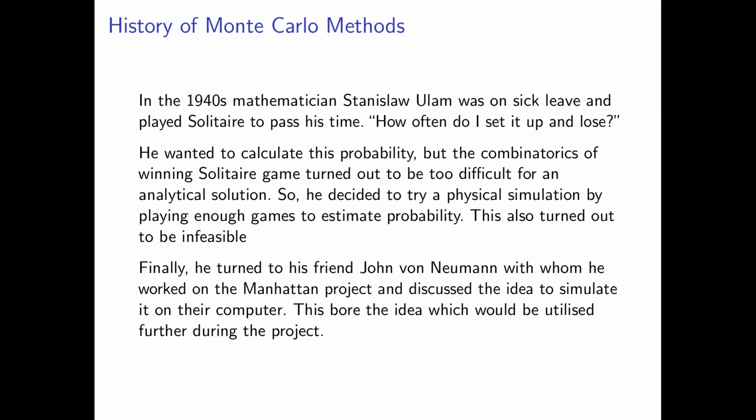And both of them worked together on the Manhattan Project, and they discussed this idea how to simulate the solitaire probabilities on the most expensive computer of that time. And they did it. The calculations used up several hours of computing time in the times when these were costing tens of thousands of dollars, but still they did it.